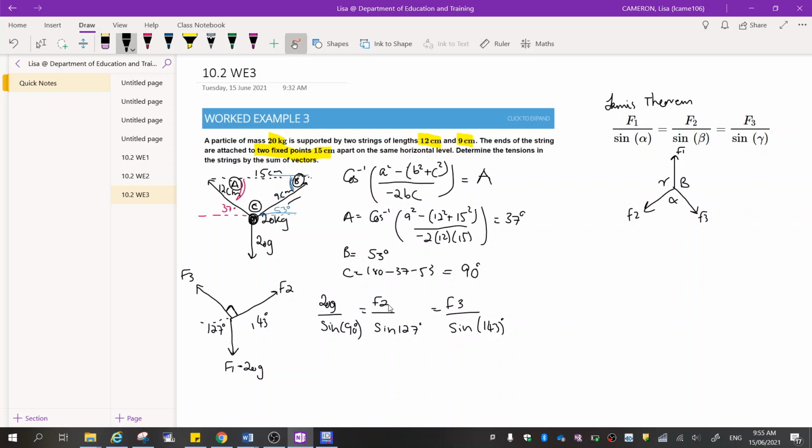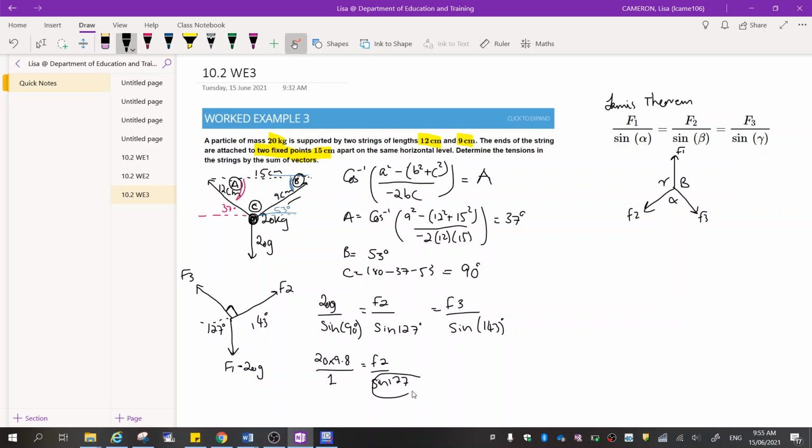So I'm going to solve for F2 first, then I'm going to ignore this piece of information and solve for F3. Okay, so 20 times 9.8 divided by sine of 90, which is just 1, is equal to F2 over sine of 127.